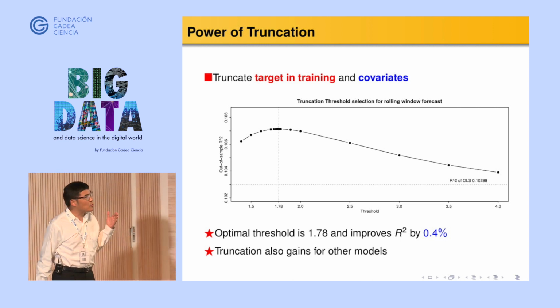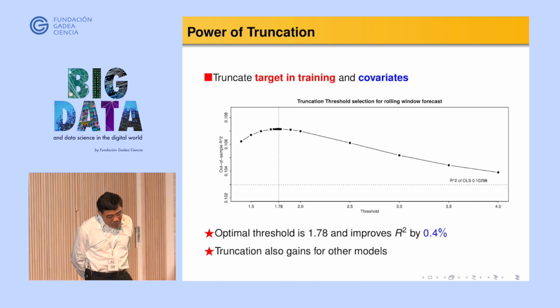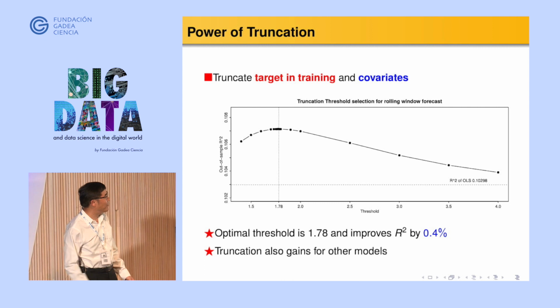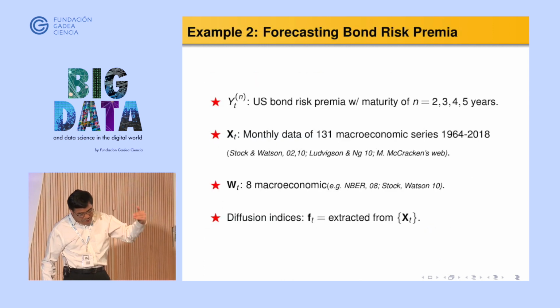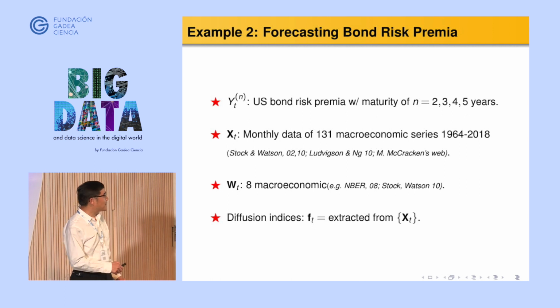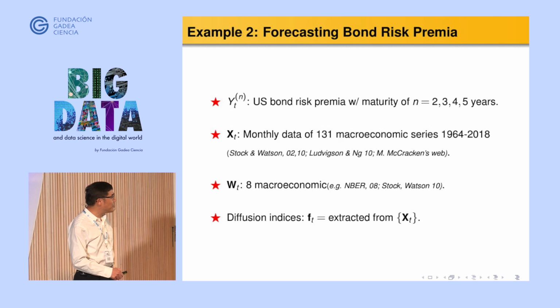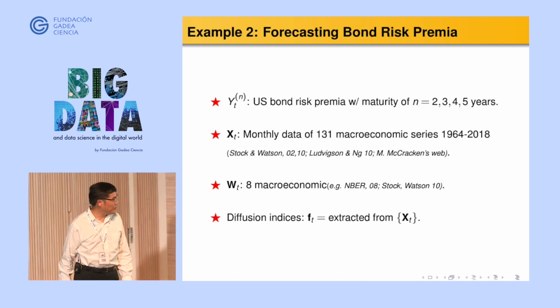I could also illustrate the power of truncation by using forecasting of US bond risk premia. This is a repeat of the data we had before. YT is bond risk premia, with 2-year maturity, 3, 4, 5. XT is 131 macroeconomic time series. WT is your 8 aggregated macroeconomic time series.